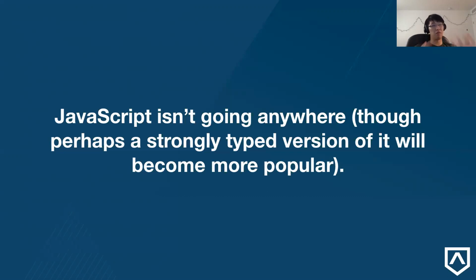So if they decide that that's not something they want to add to WebAssembly, then another way JavaScript could get around that is if everybody just moved to TypeScript, because TypeScript, of course, is basically JavaScript with types. And so you'd be able to get around that particular hurdle. In fact, there is already a library called AssemblyScript that allows you to take TypeScript code and have it compiled to WebAssembly.